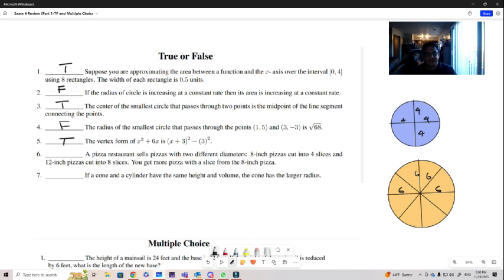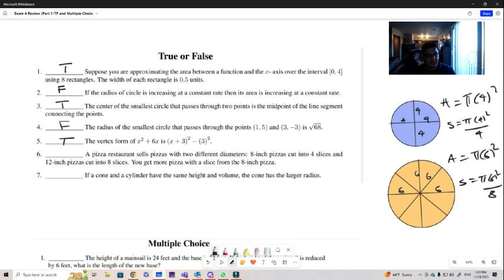But these two pizzas have different areas. The area of this pizza is pi times 4 squared, and the area of this pizza is pi times 6 squared. Because we are getting a slice, this one is pi times 4 squared over 4, and the slice over here is pi times 6 squared over 8. You see here we divided by 8.